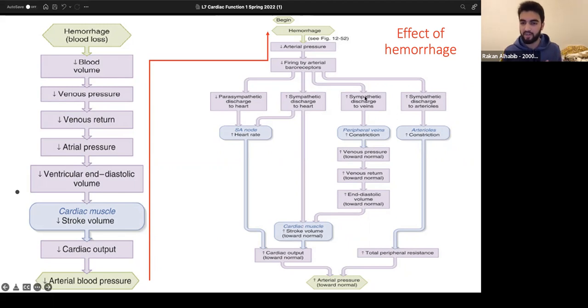Then there's sympathetic discharge to veins, so that I venoconstrict to cause more venous return. And sympathetic discharge to arterioles, because there's less cardiac output and my mean arterial pressure will also be down, so my arterioles constrict to bring the pressure back to normal. And this is basically it.